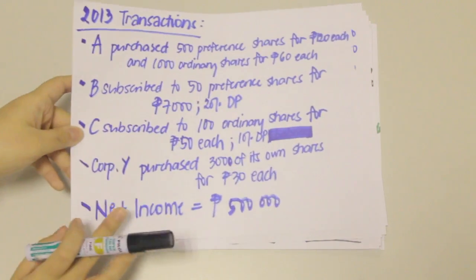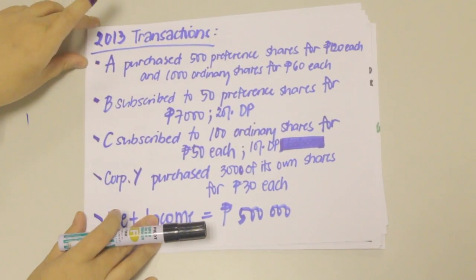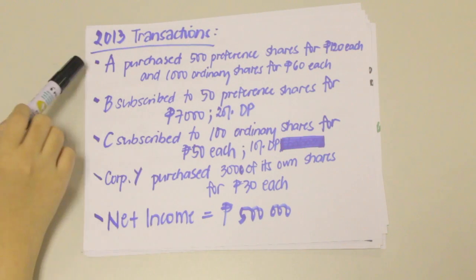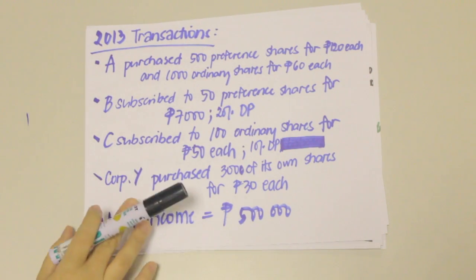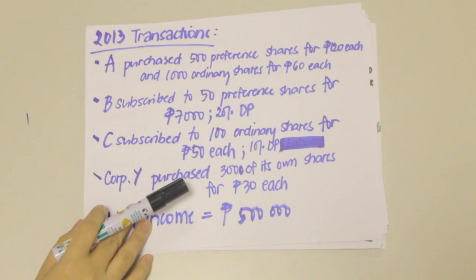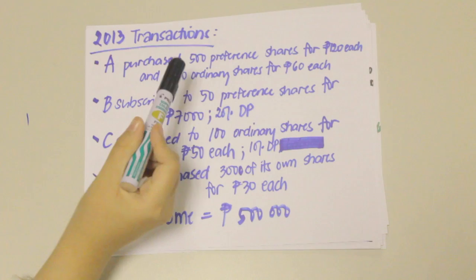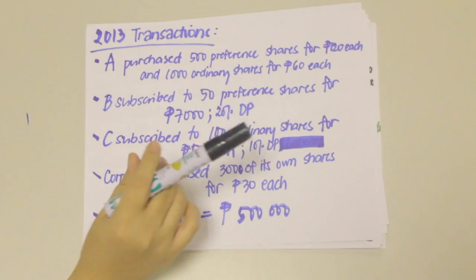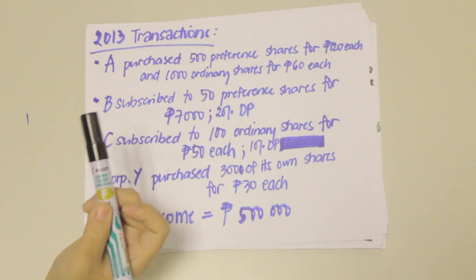And for 2013, these transactions occurred. Assume A purchased 500 preference shares for 120 pesos each, so that's above par since preference shares have a 100 peso par value, and ordinary shares for 60 pesos each, again above par since ordinary shares have a 50 peso par value.